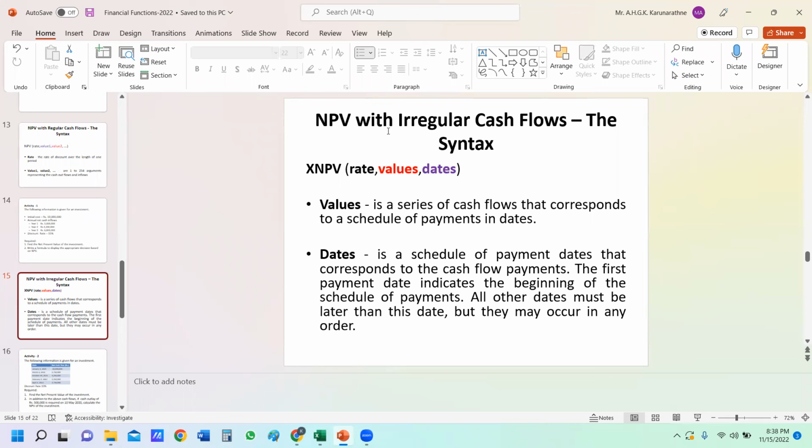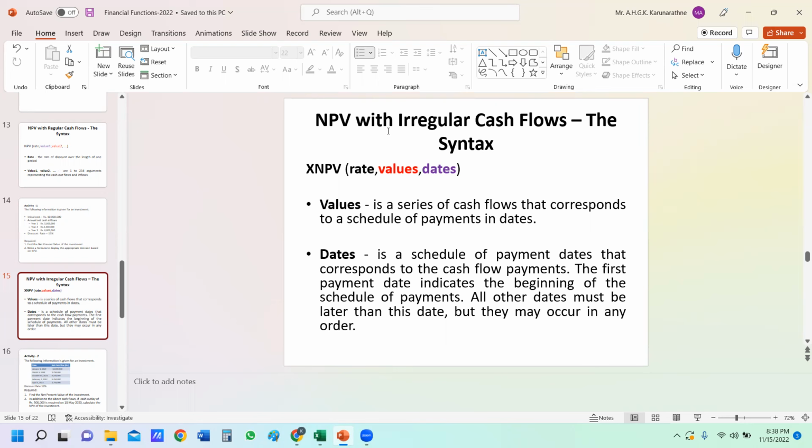If the time value is very crucial, you can't add last year's cash flows with this year's, or January month sales with April month sales. You can't add July month cash flows with December month cash flows. Even a 6 month difference you can't add, because time value is very crucial in the Sri Lankan context.